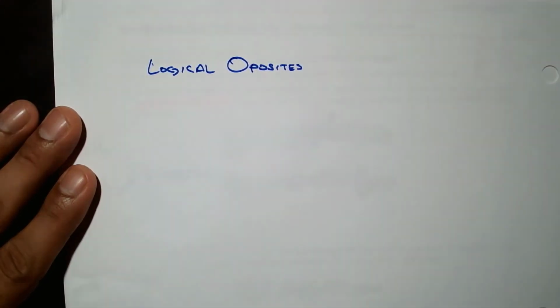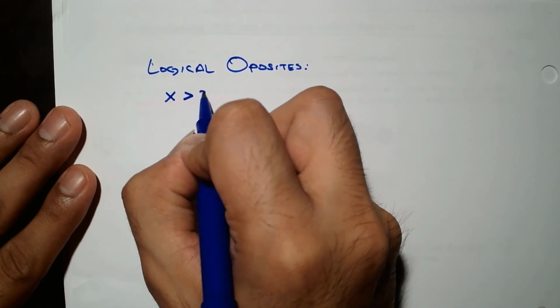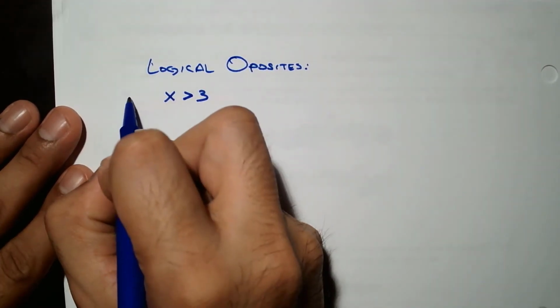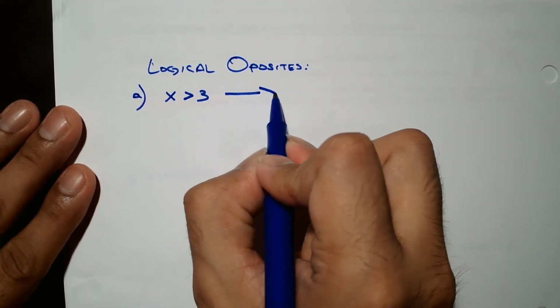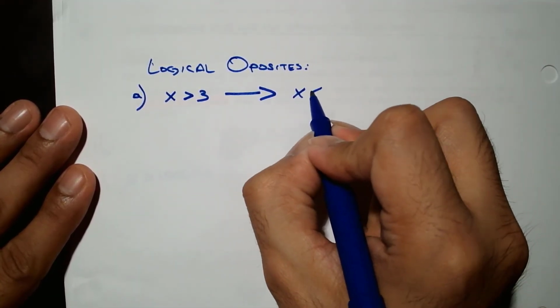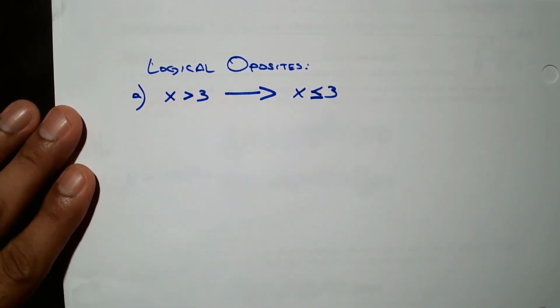Okay, what is the logical opposite of x greater than 3? The opposite of x greater than 3 is x less than or equal to 3. You can think of this as the complement, if you will, but we are not going to call it a complement in this case because we are using our reasoning.